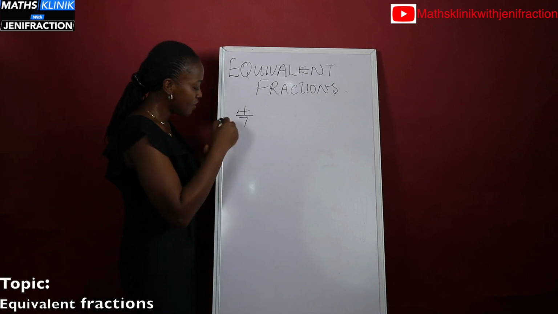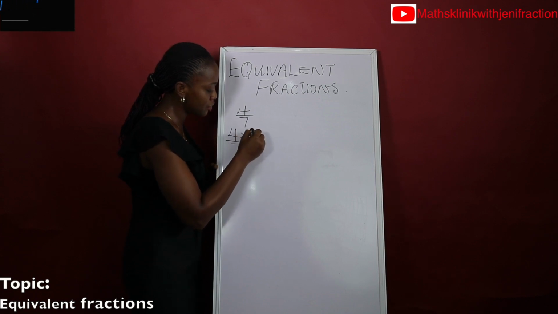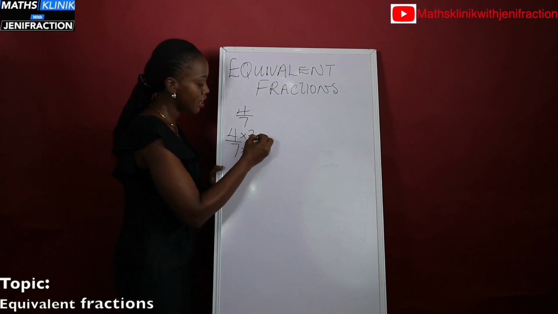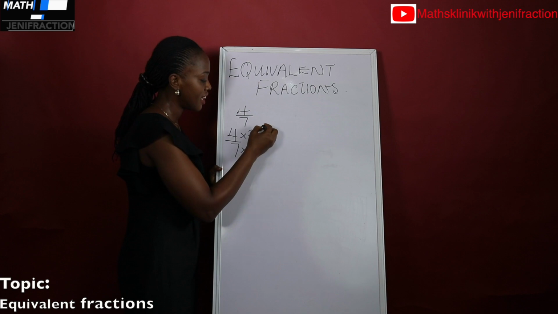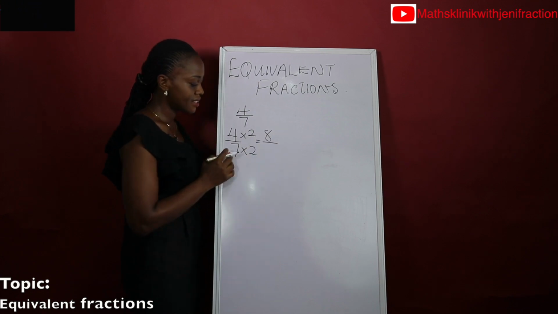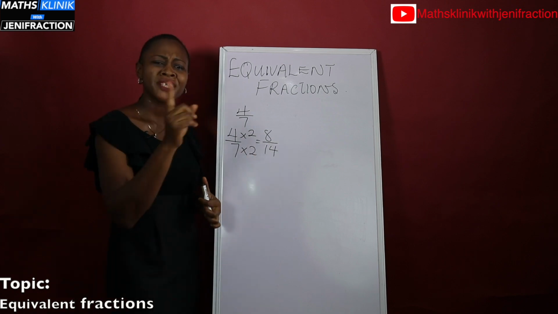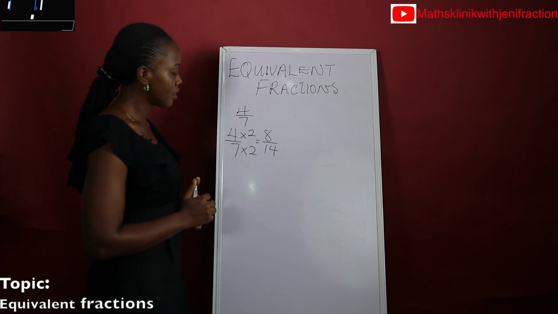So we say 4 over 7 times 2 over 2. Therefore, we have 4 times 2, 8, 7 times 2, 14.